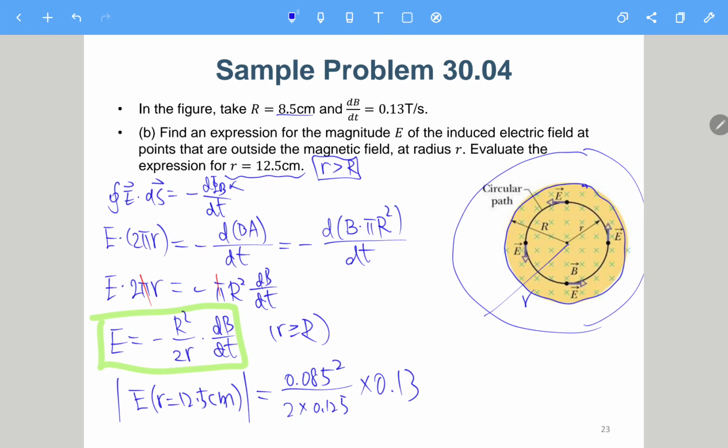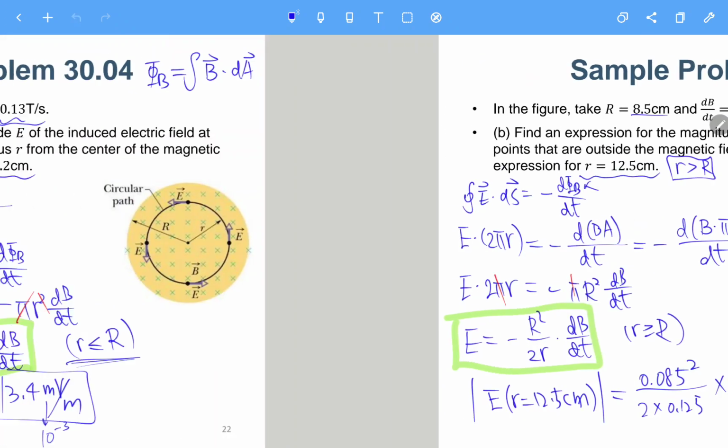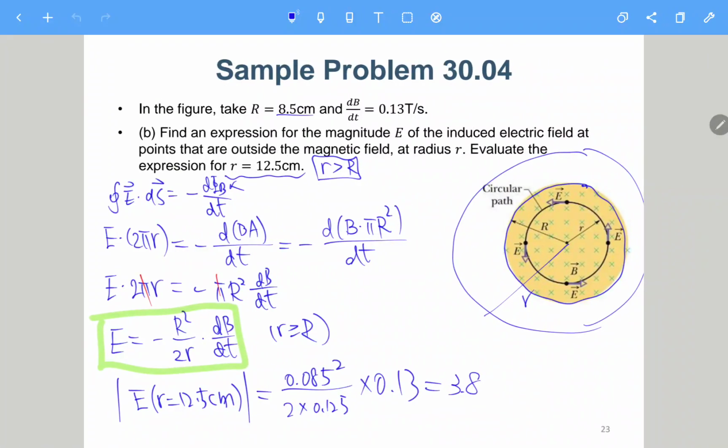So this is 3.8, a little bit larger, millivolt per meter.